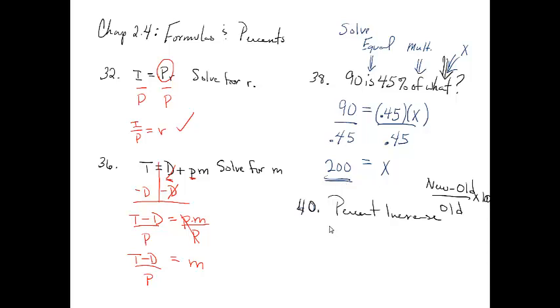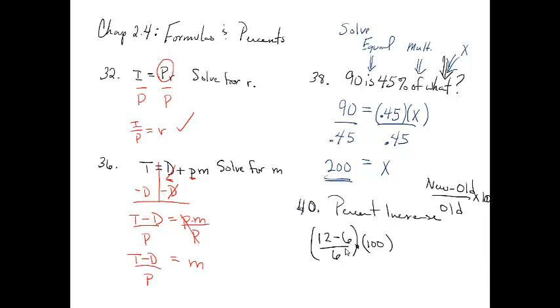Okay, so let's see here. It says if 6 is increased to 12, so 6 is the old number and 12 is the new number, so I have 12 minus 6 divided by 6 times, I'm going to use a dot, 100. The times 100 makes it a percent basically. Matter of fact, I'm going to use parentheses. Times 100.